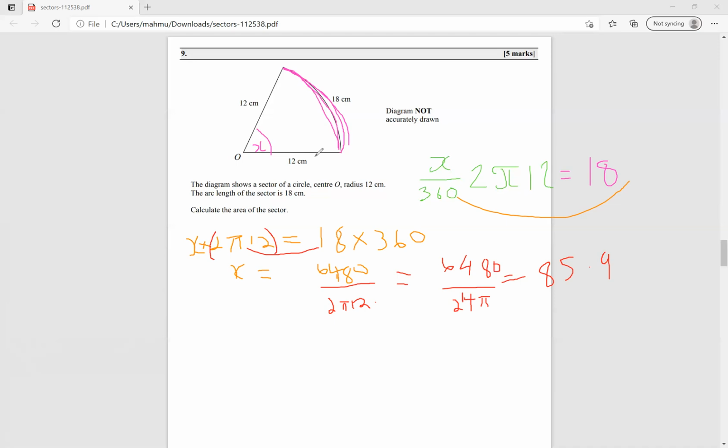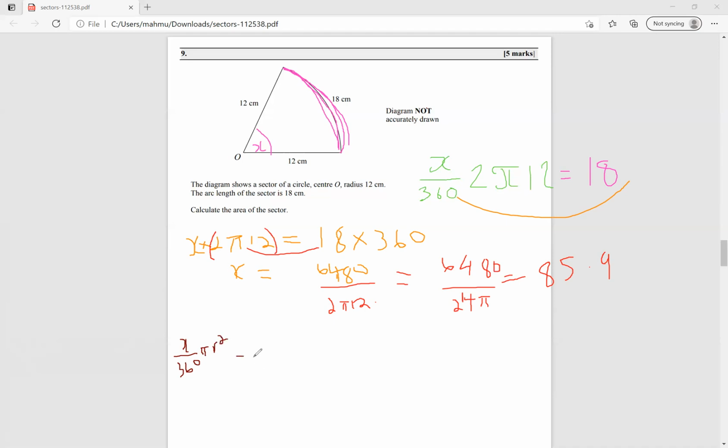To work out the area, I'll show them a different formula. So this time it will be x over 360, the angle. I'm not looking for the perimeter now, it's going to be pi r squared. So I use this formula and find the area.